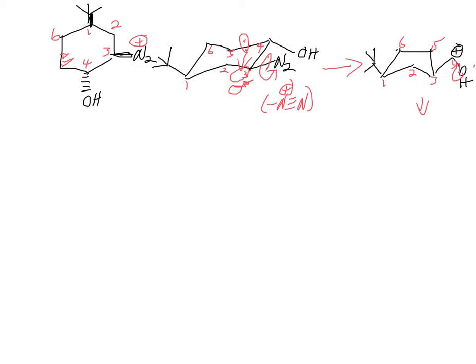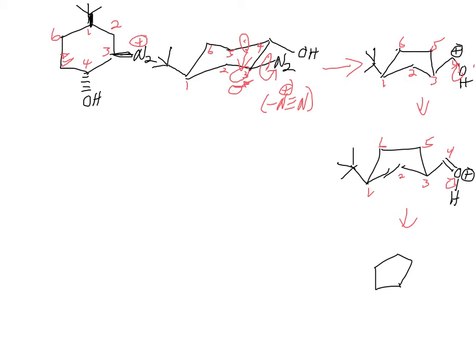We'll end up getting an aldehyde after we regenerate acid. So that'll leave. And here we get a 5-member ring now. And notice the aldehyde is on the same side as the tert-butyl.